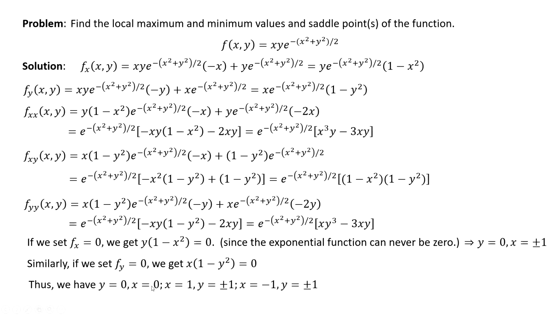Whew. So what do we have now? A whole bunch of combinations of x and y. Would you agree? The (x, y) combinations are (0, 0), (1, 1), (1, -1), (-1, 1), (-1, -1). So there are 5 possible scenarios now.